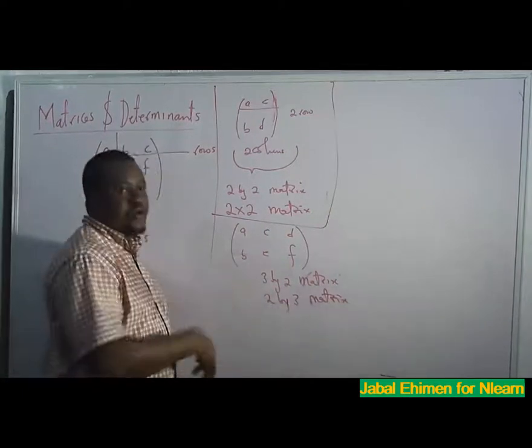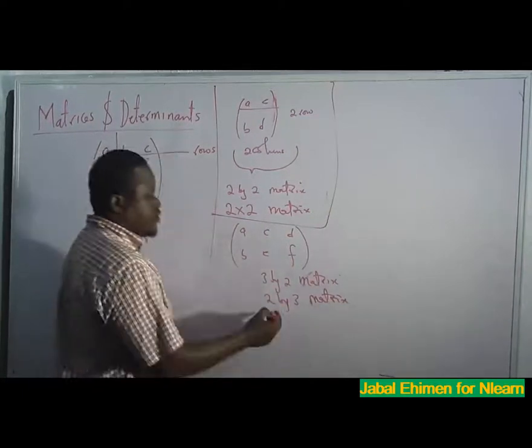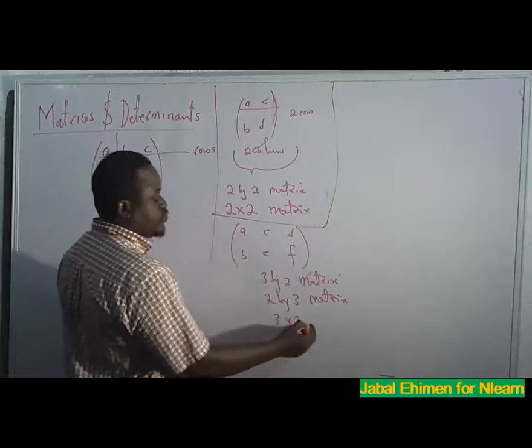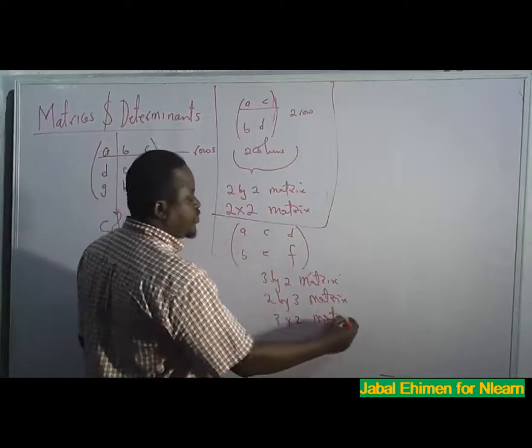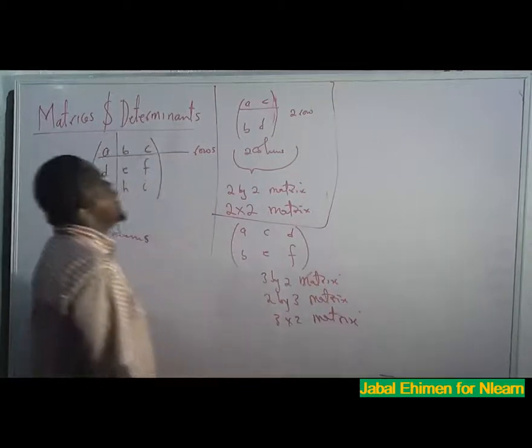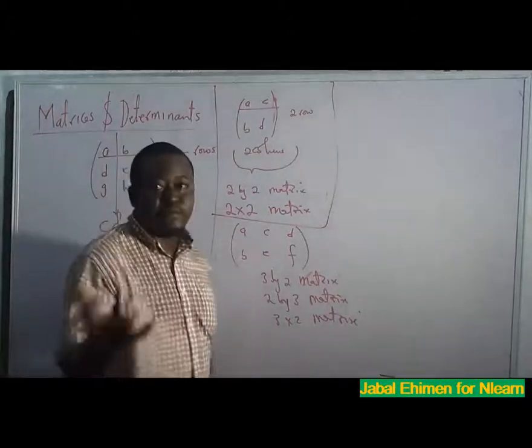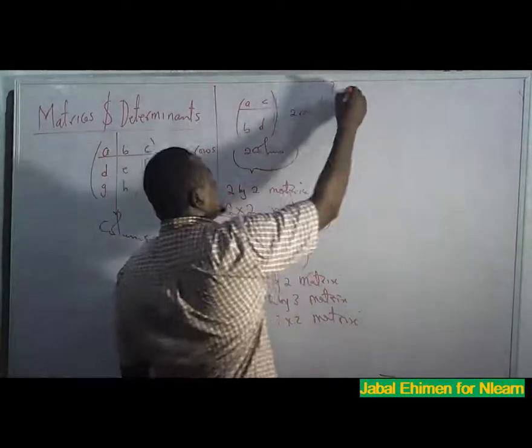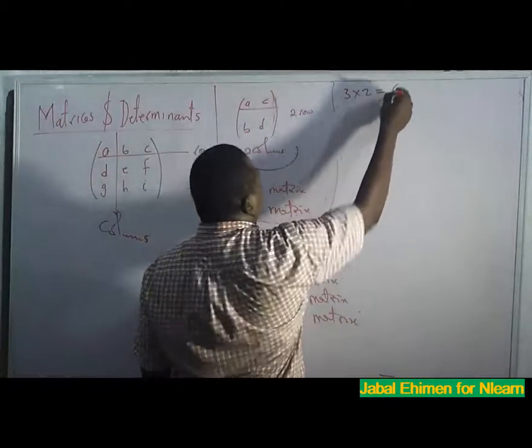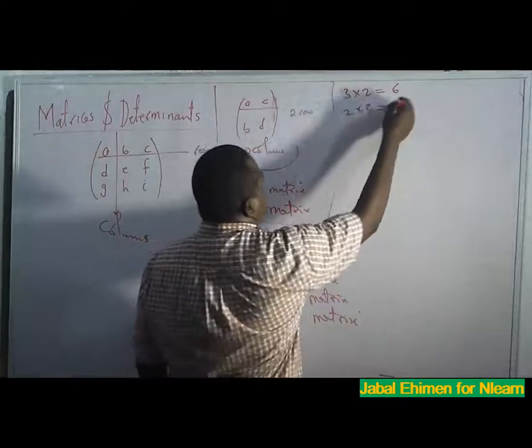It depends whether the row comes first or the column, or you can call it a 3 times 2 matrix. It depends on you. The reason is that 3 times 2 is equal to 6, and 2 times 3 is still equal to 6.